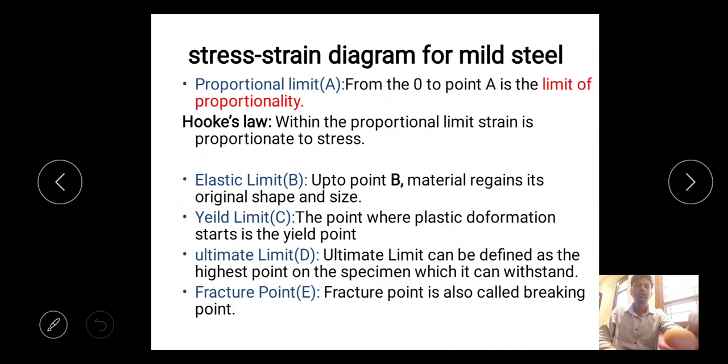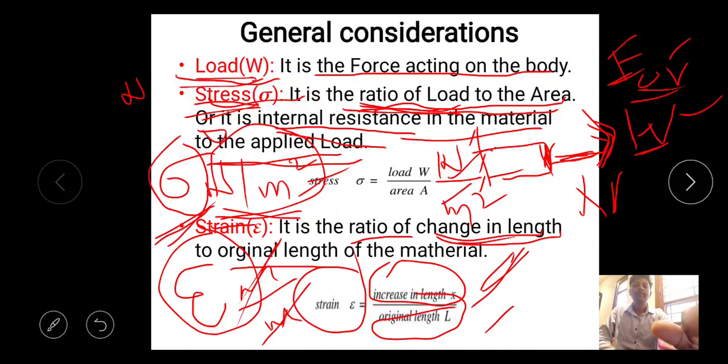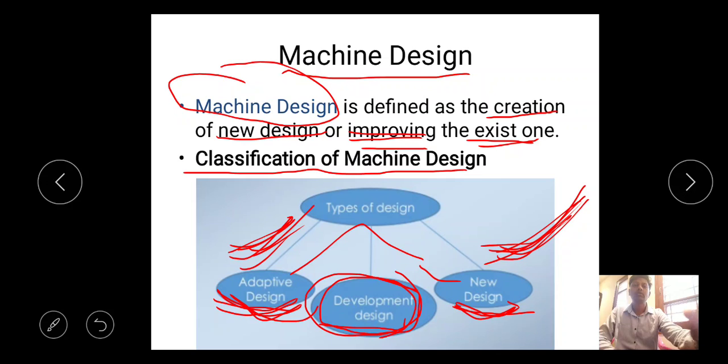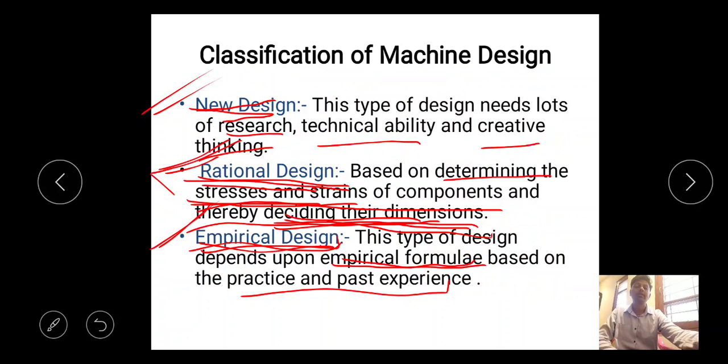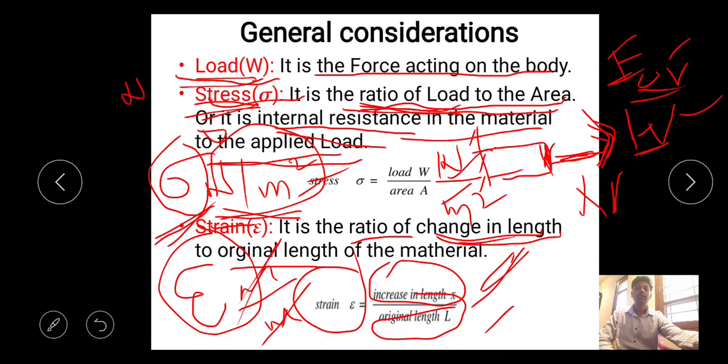We have just discussed what machine design is and the different classifications of machine design: adaptive design, development design, new design, rational design, and empirical design. Then we discussed general considerations like what is load and what is stress.